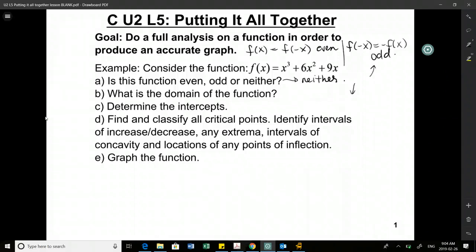So odd functions don't ever have absolute maxes or mins. They might have local, but not absolute. Okay, domain. Knowing that it has opposite end behavior, what's my domain? Yeah, it's just everything. So you can say x is an element of real numbers, or if you want to use interval notation, you can say negative infinity to positive infinity.